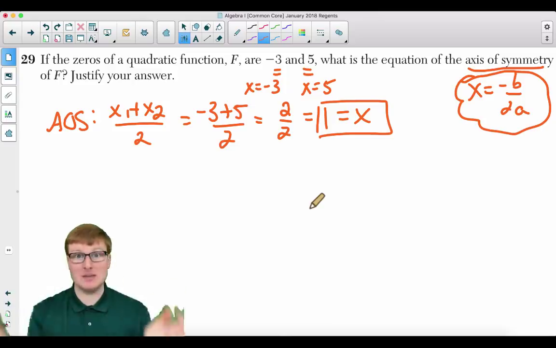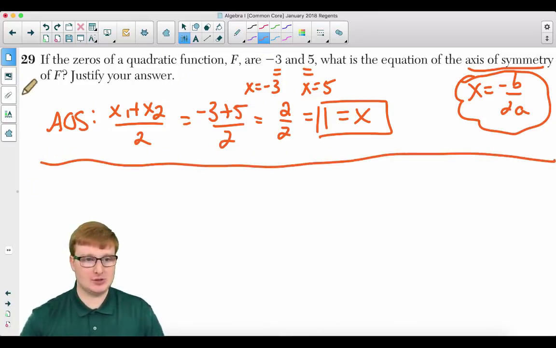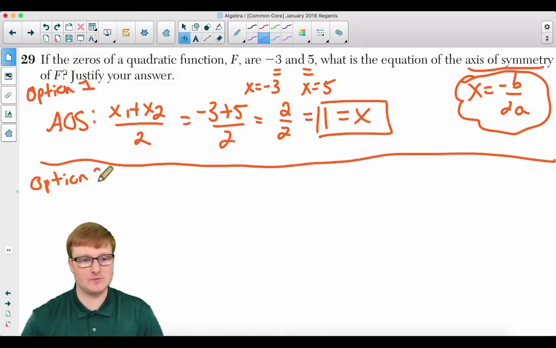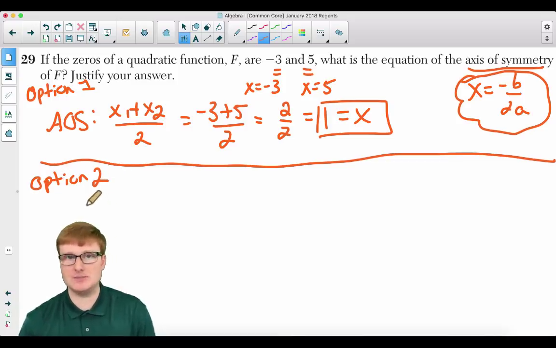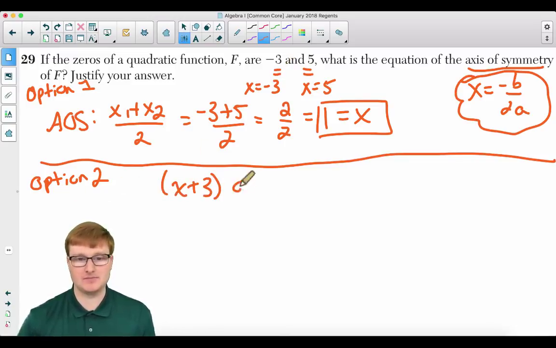Now, I didn't mind showing my work. That's the first option; this is option 2. Option 2 is a little bit more in depth, but it shows that you have a deeper understanding of the material. If the roots of the quadratic are -3 and 5, then the factors are x plus 3 and x minus 5.